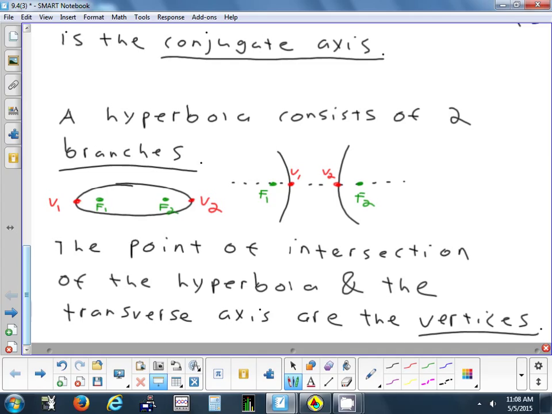So notice they kind of switch places. In an ellipse, the foci are on the inside, the vertices are on the outside. It's just the opposite for a hyperbola. But I think a simple way to keep that straight is remember your conic section wraps around the foci, whether it's wrapping around them as an ellipse or wrapping around them as a branch of the hyperbola.